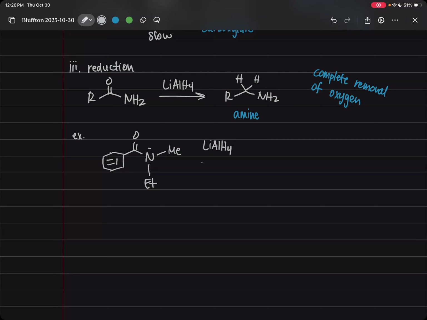They're just going to chill, and all the interesting stuff is going to happen to the carbonyl. So we keep the benzene ring, we keep the nitrogen, and we also keep all the substituents on the nitrogen. We just get rid of the carbonyl, and we have hydrogens there. So if you really want, you can just not even draw those hydrogens.